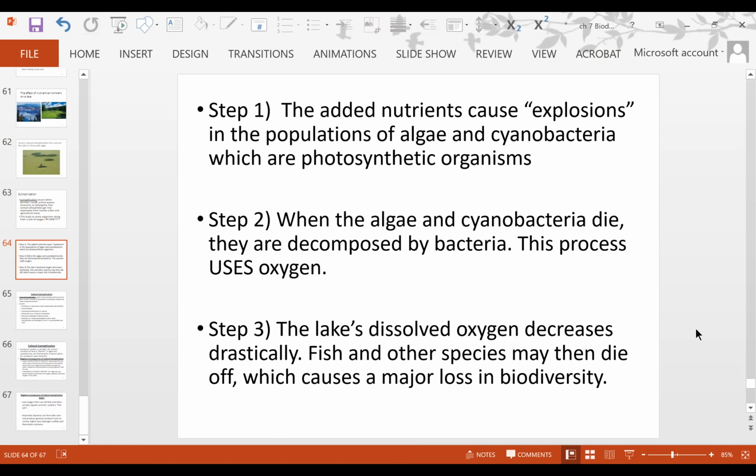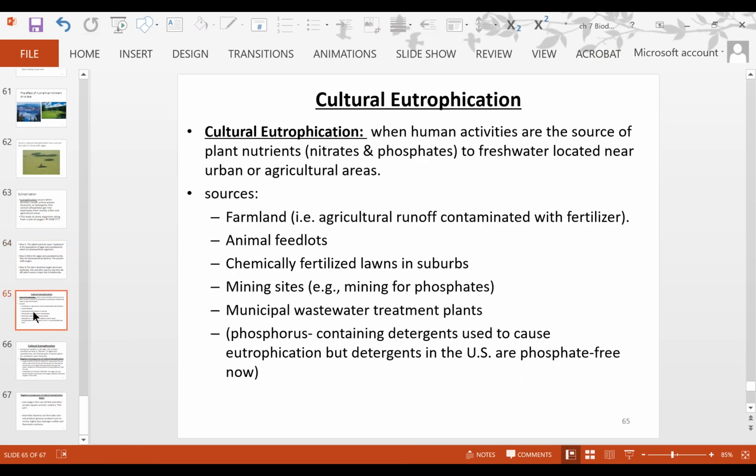And then because you're losing your dissolved oxygen supply, fish and other species may die off, and that leads to a major loss in biodiversity. And that is a significant problem. So cultural eutrophication is when human activities are the source of the plant nutrients.